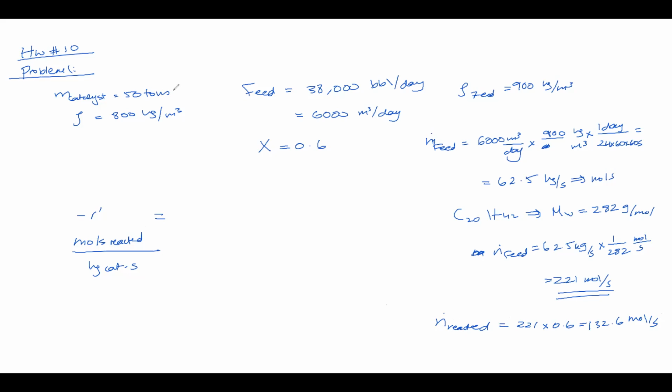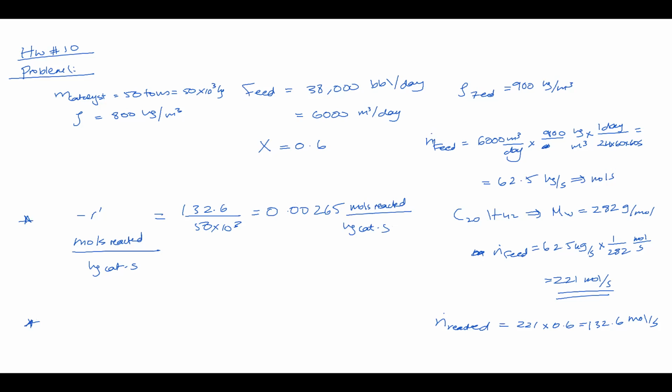I have 50 tons, which is equal to 50 times 10 to the power 3 kilograms. So this ratio will be 132.6 divided by 50 times 10 to the 3, and this will be 0.00265 moles reacted per kilogram catalyst second. Okay, this is the first expression.